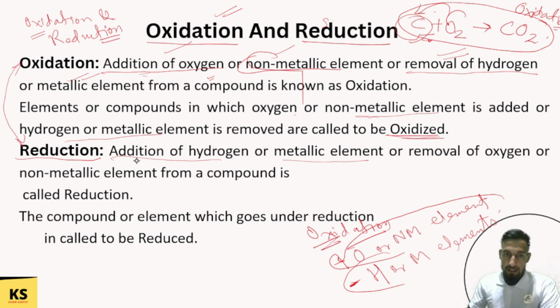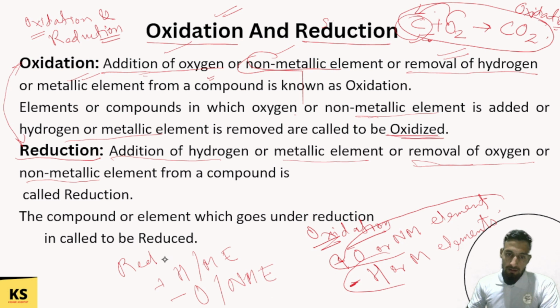In reduction, we say addition of hydrogen or metallic element, or removal of oxygen or non-metallic element. Here the conditions are the inverse of what we have in oxidation. So in reduction, we have addition of hydrogen or metallic element and removal of oxygen or non-metallic element.